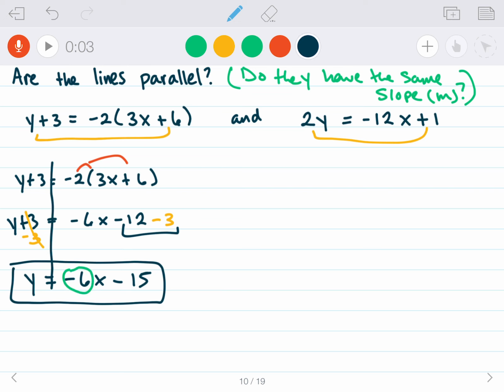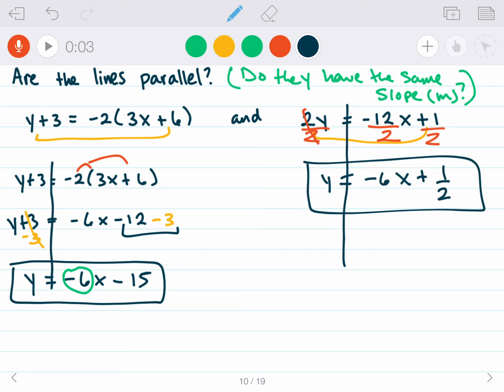Now let's check out this one. All we have to do here, there's no distributing to do on the right. All we have to do here is isolate y. So divide both sides by 2. And I get y equals, well, negative 12 divided by 2 is negative 6x plus 1 over 2.